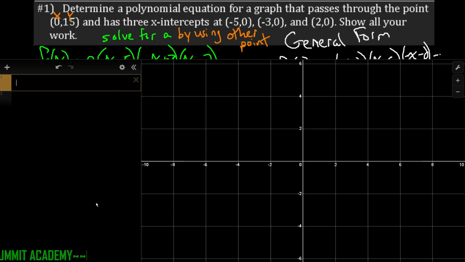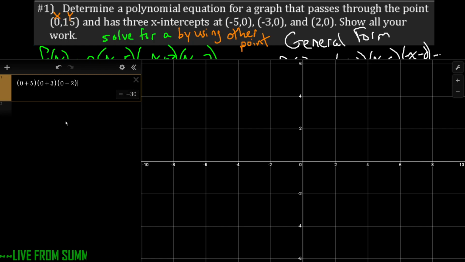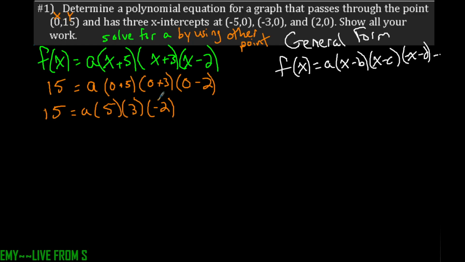If I wanted to, I could type it in exactly as it looked: 0 plus 5 times 0 plus 3 times 0 minus 2. If you type it in exactly as it looks, you'll get the answer you're looking for. That's going to be -30. So I have 15 equals a times -30.